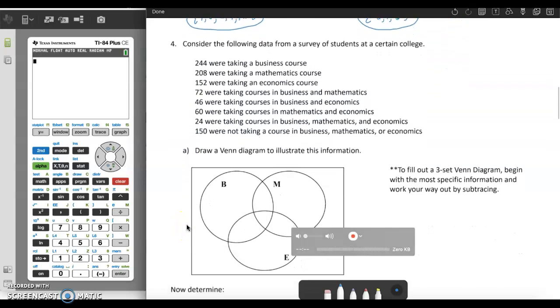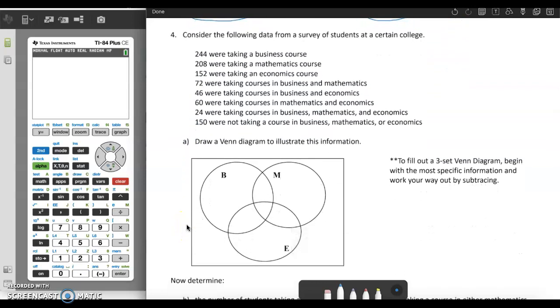Okay. Next problem says, consider the following data from a survey of students in a college. It says 244 students were taking a business course.